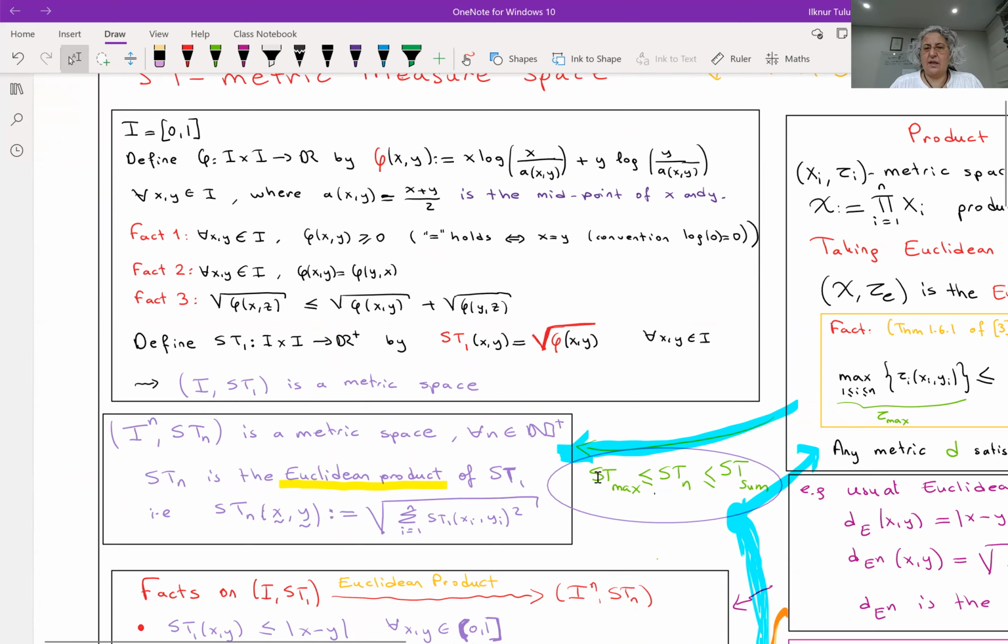Also, we can talk about ST max and ST sum. Then this inequality holds for the ST metric as well.